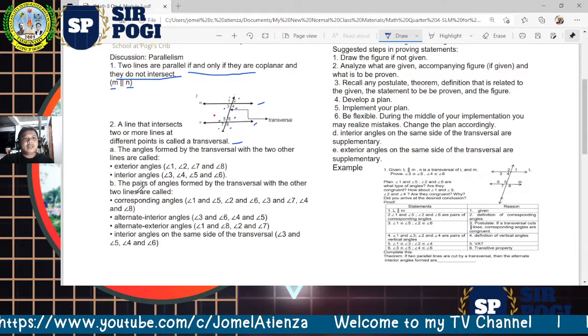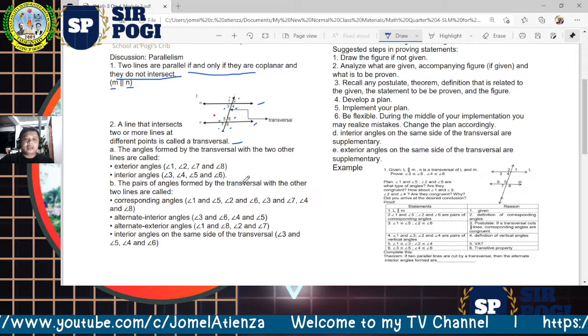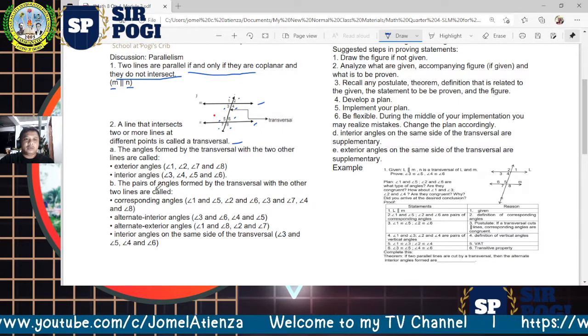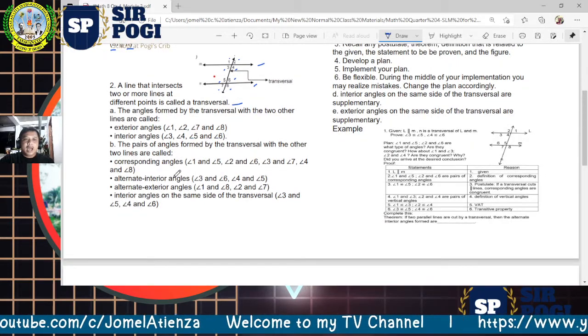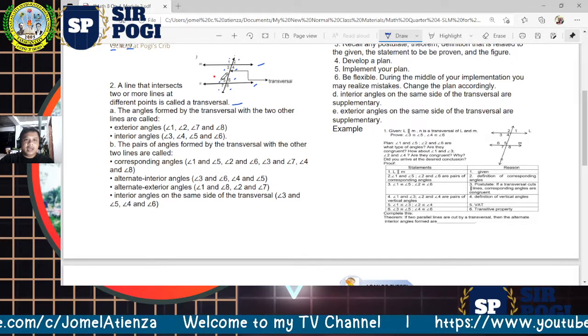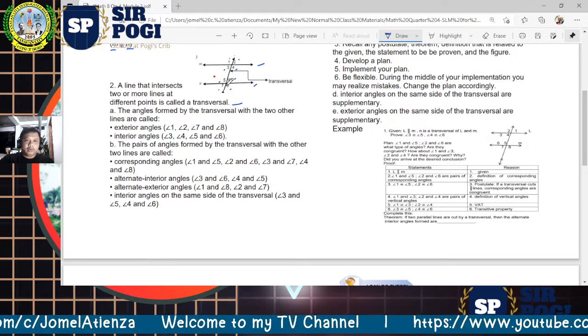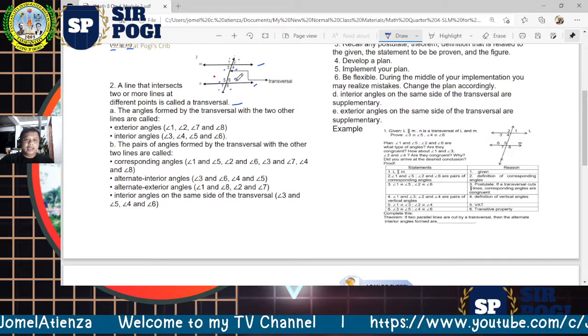Yan, yan. Then the pairs of angles formed by the transversal with the other two lines are called corresponding angles. Ano ba yung corresponding angles? Angle 1 and angle 5. Ito po yon, corresponding angles yon. Angle 2 and angle 6.